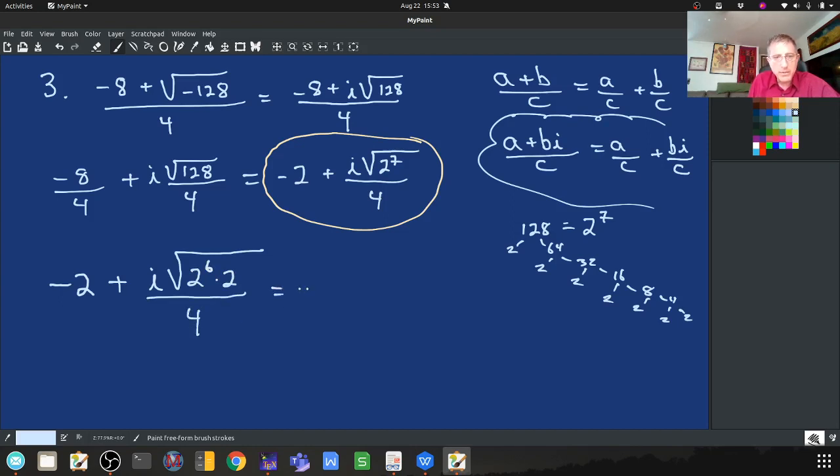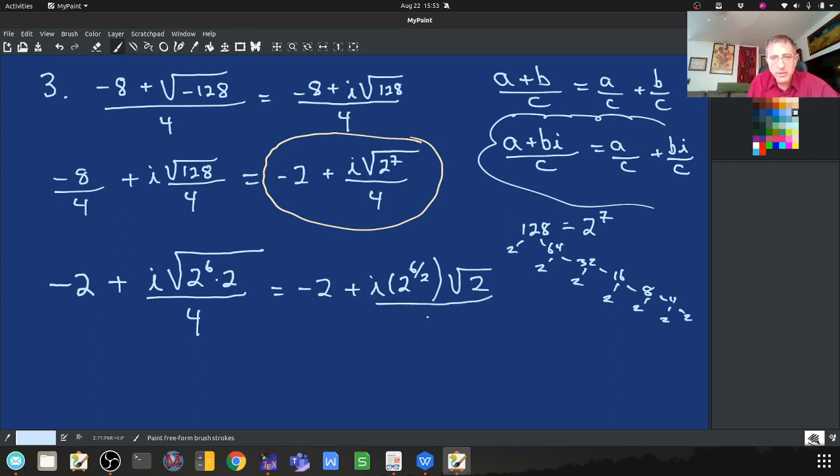So that's equal to minus 2 plus i. Now 2 to the 6th is an even power, so since this is a square root, I can remove the 2 to the 6th from underneath the radical sign. What's the price I pay? I have to divide the exponent 6 by 2. And what stays underneath is just the square root of 2.